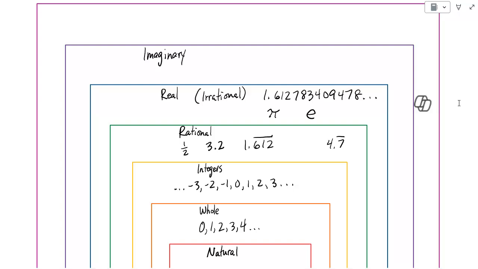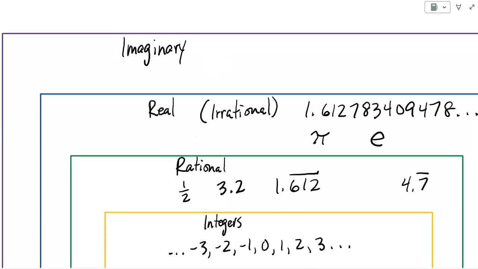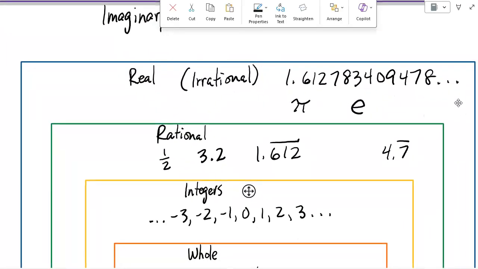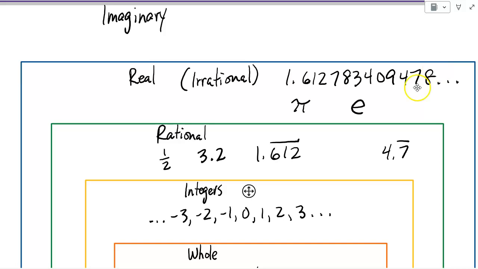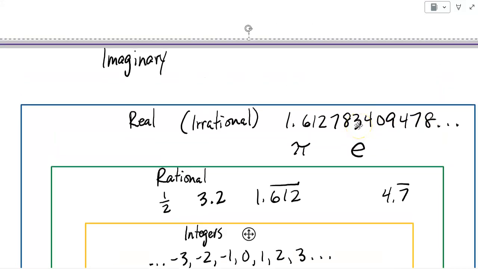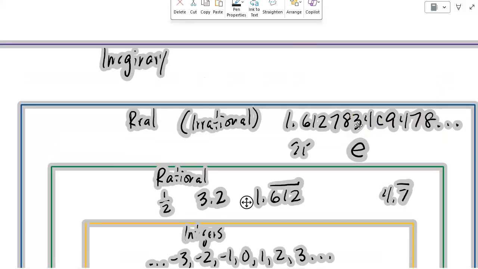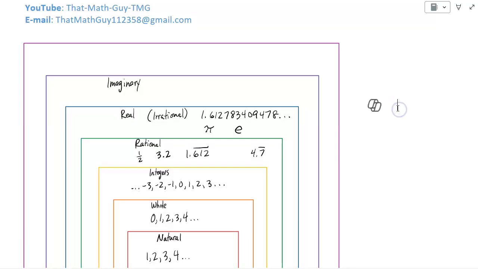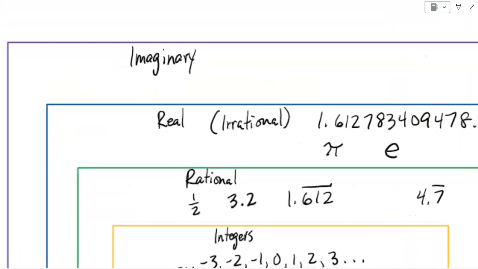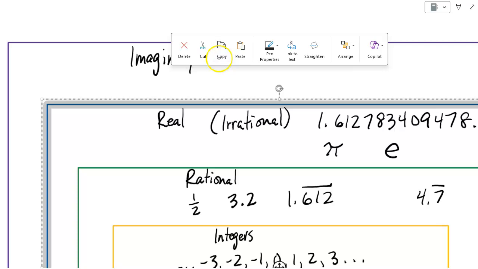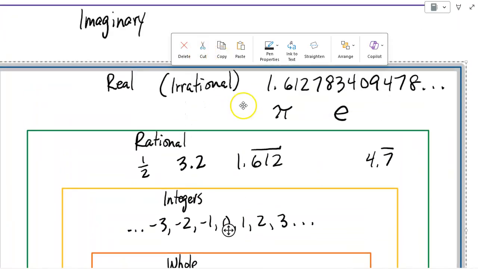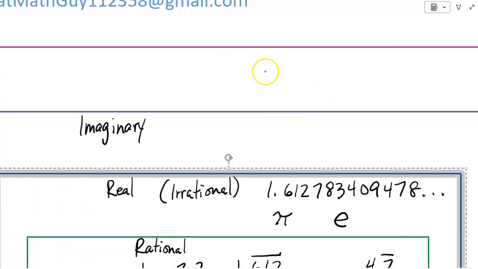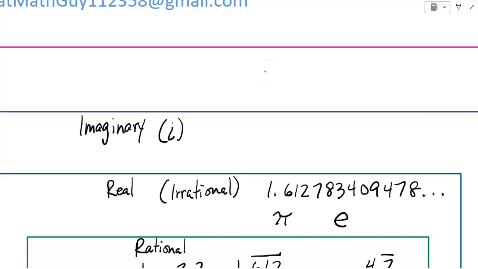I'm not going to get too far into that, but imaginary numbers are going to be denoted by a lowercase i.